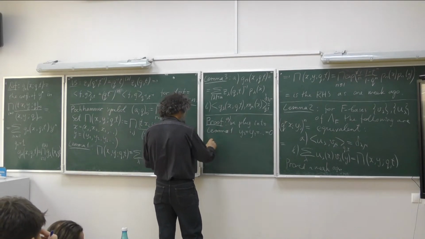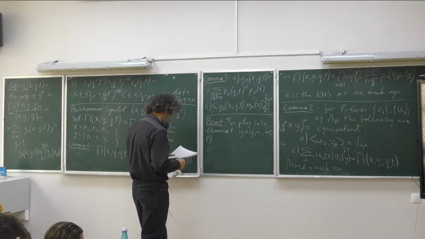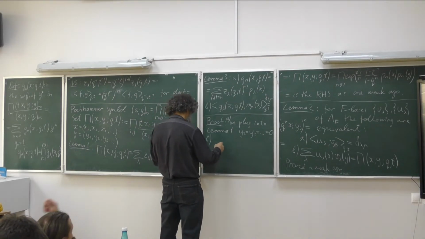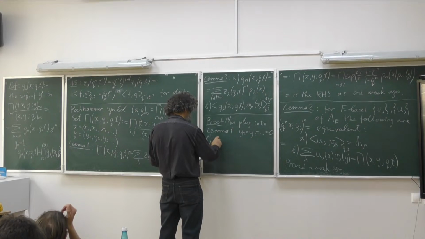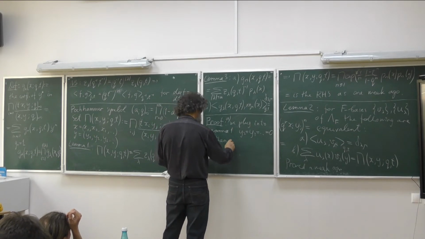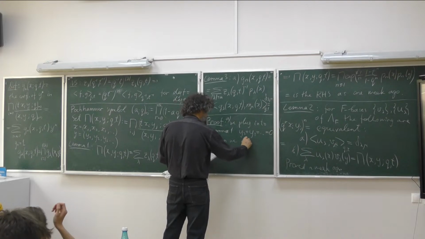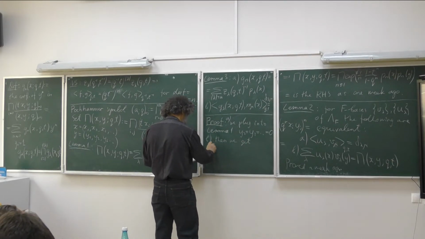It's for A. Now, for B, if we do this, we get this infinite product.